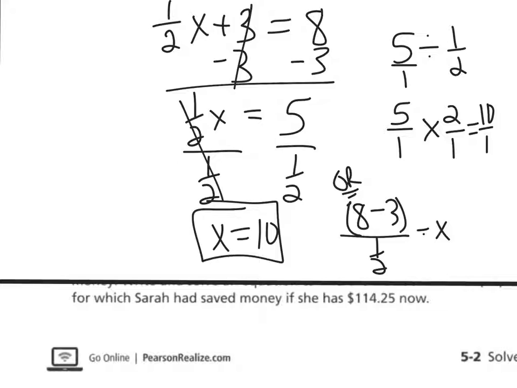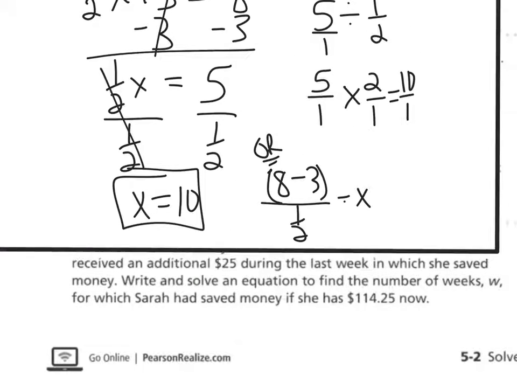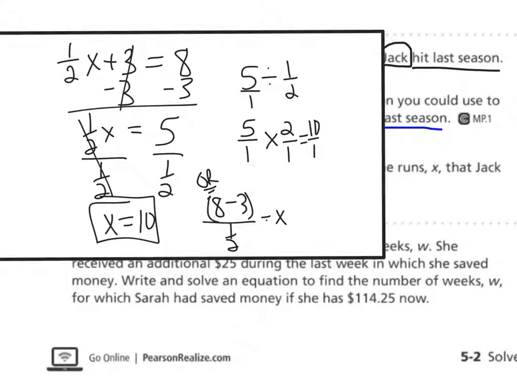Or, I guess a third option, you could do 8 minus 3, get that answer and then multiply it by 2, which would be doing the same thing. So different ways to do it. Like I said, the first way is the method I prefer, but as long as you have an equation that you can work out and get 10, any of those three options would work.